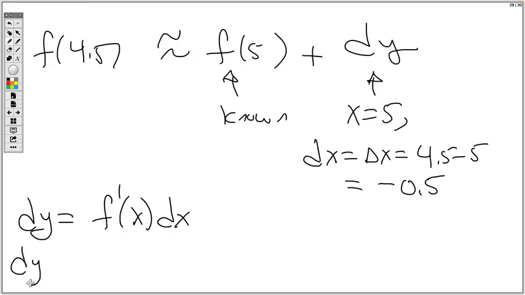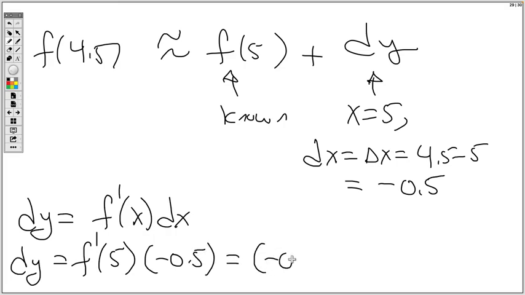In this case, it would be f prime at 5 times negative 0.5. So negative 0.2 times negative 0.5. A negative times a negative is a what? Positive. And then half of 0.2 is what? 0.1.